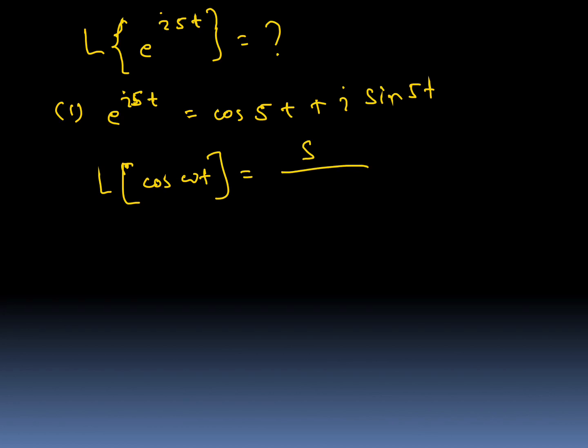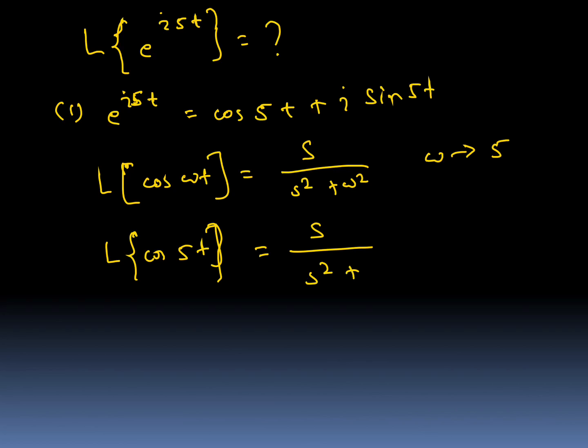Here omega is 5, so Laplace of cos 5t equals s divided by s square plus 5 square. In case of sin, Laplace of sin 5t is 5 divided by s square plus 5 square.